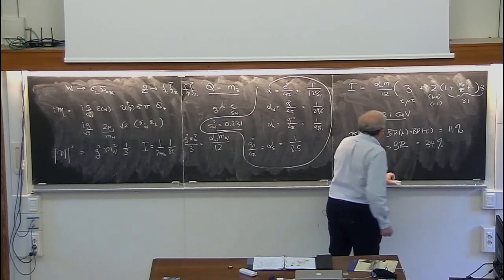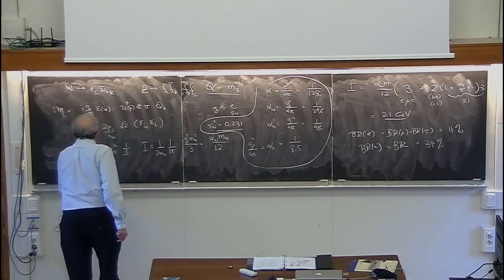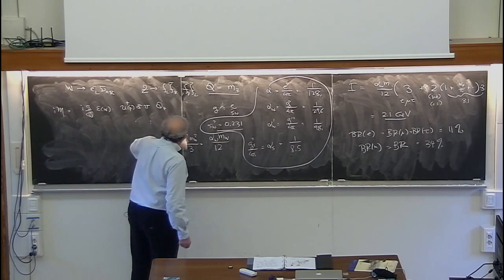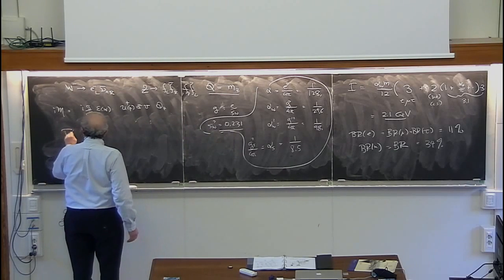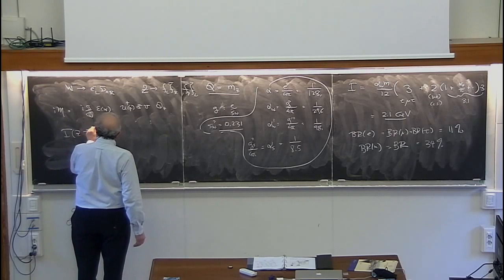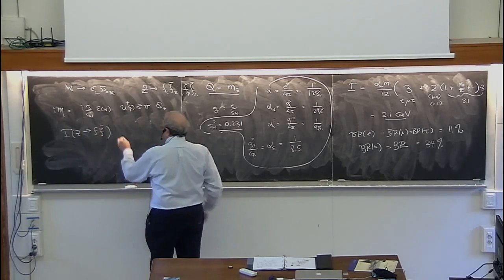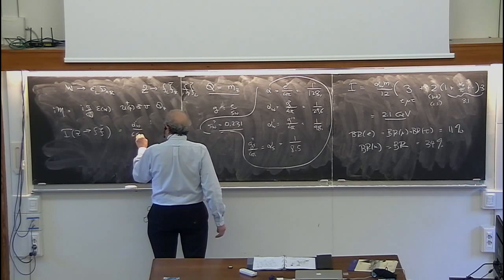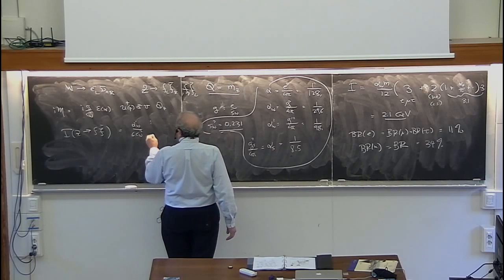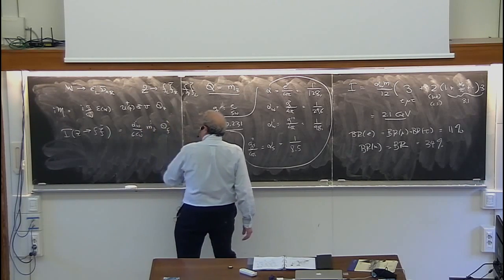So pretty much we can just immediately write down the answer for the Z partial widths, Z to FF bar, where F is a chiral species of fermion, is alpha weak over 6 CW squared times MZ times QF squared, whatever that is.